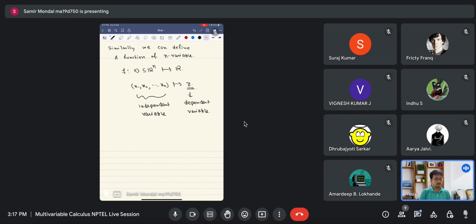Now I have one question for all of you. Till now we have discussed one variable functions, where our dimension was only one. Right now we are talking about n variable functions, or say two or three variable functions. So what is the need for extension to more generalized dimensions? Why are we looking for more than one dimension?